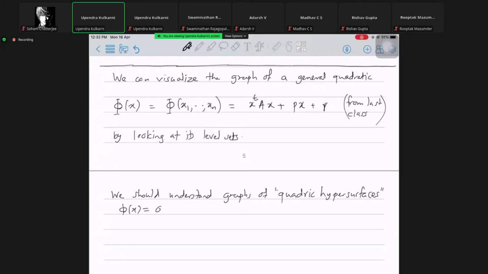Where phi of x is a quadratic polynomial in n variables.